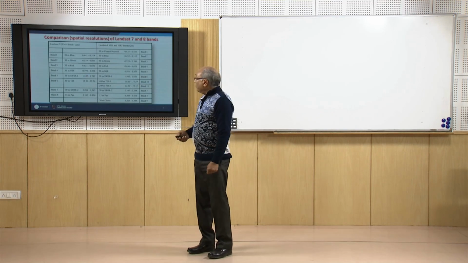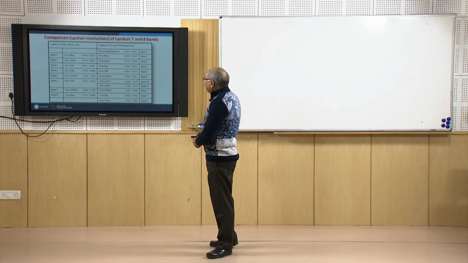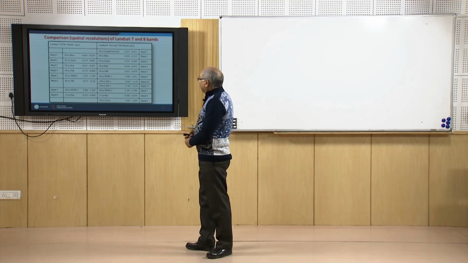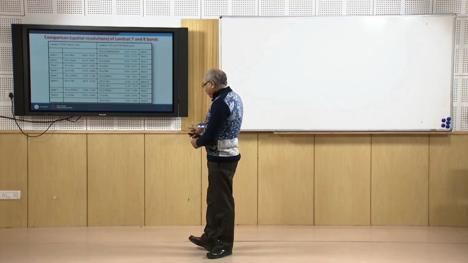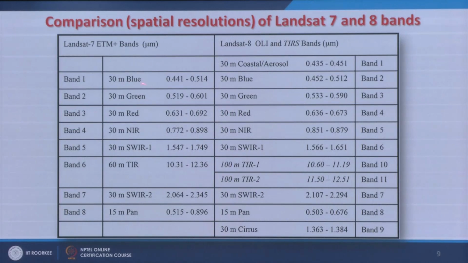Okay, so now we will compare the spatial resolutions one by one for all bands between Landsat 7 and 8. What we find is that band 1, which we roughly say is a blue band, has 30 meter spatial resolution in Landsat 7, and in Landsat 8 this remained the same.